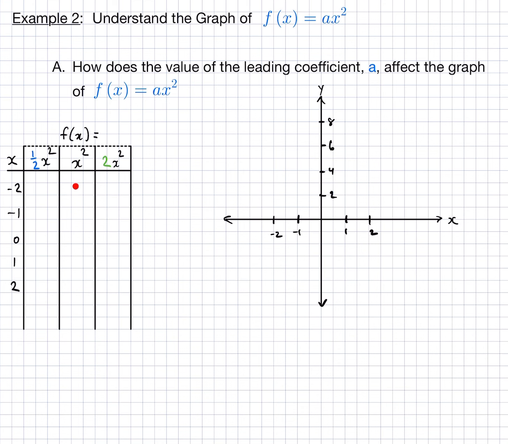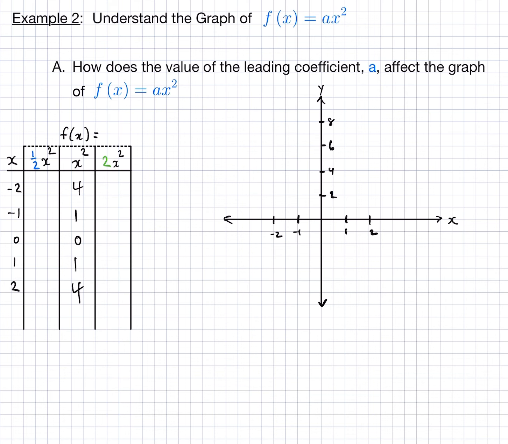We're going to put in the same x values. We already calculated these in the previous example, so we're going to go ahead and put those in. This was 4, 1, 0, 1, 4. Let's go ahead and start with this column here. This column is going to be double the values of this column.